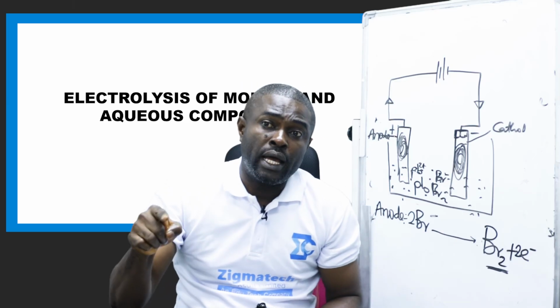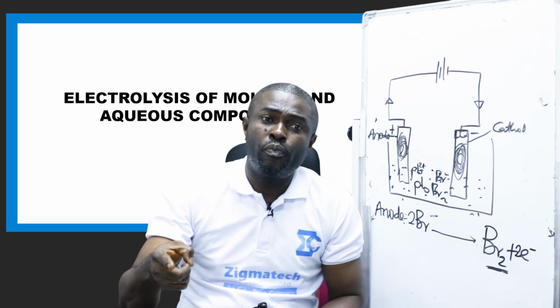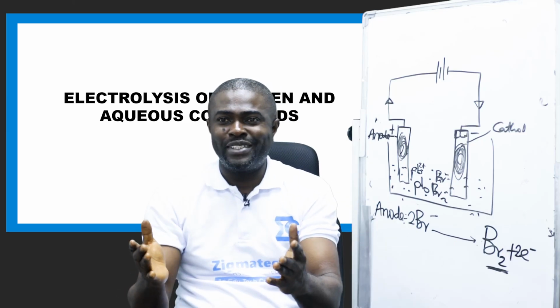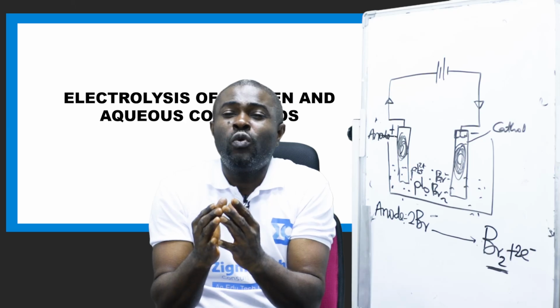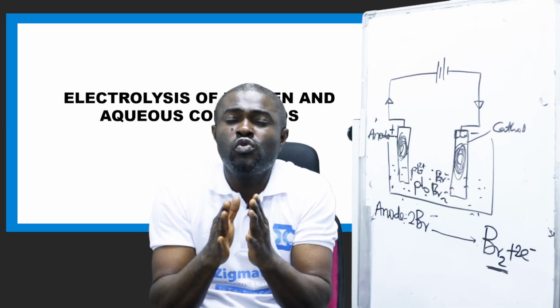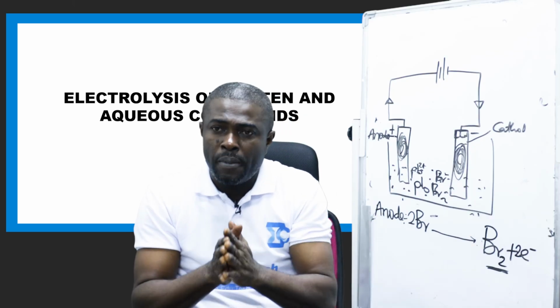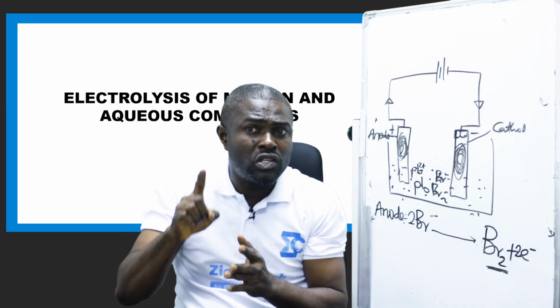When you are doing that, do not forget that water also contains positive parts and negative parts. So what will happen? In all, you will have a total of 2 positive ions and 2 negative ions inside the electrolytic cell.